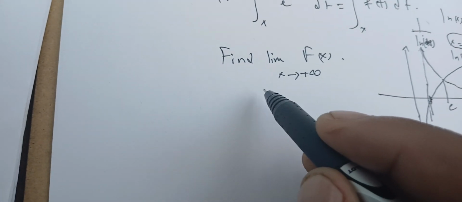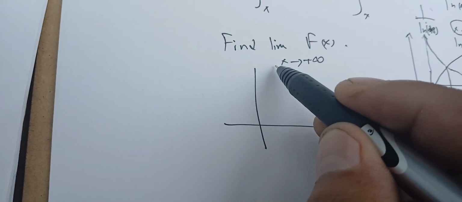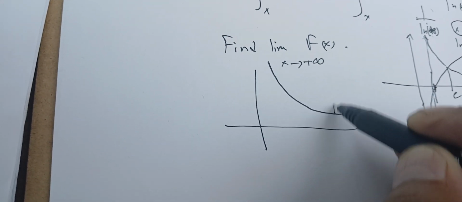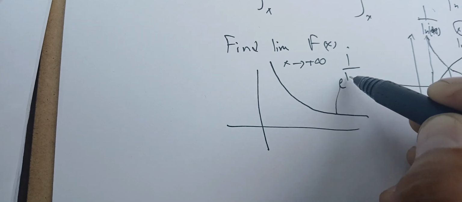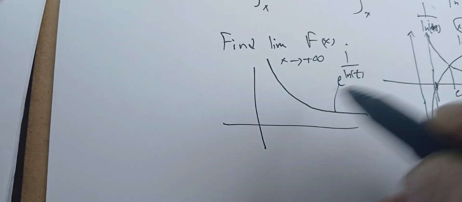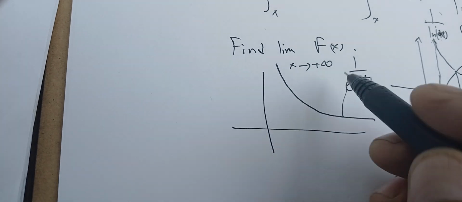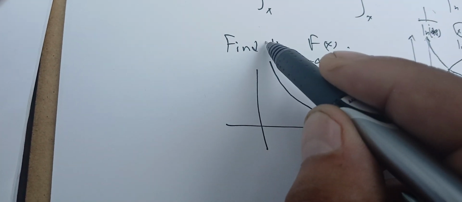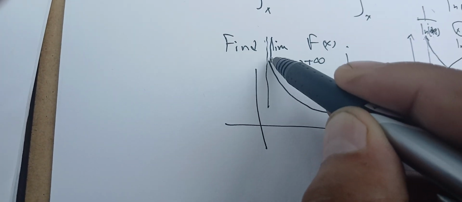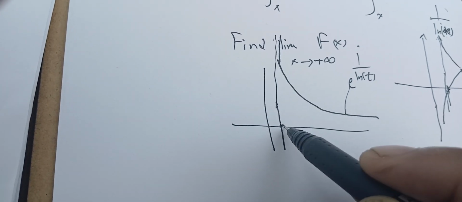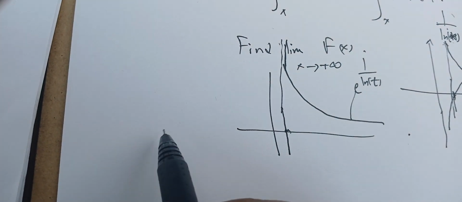In fact, this is what we're gonna have. Okay, so this is e to 1 over ln of t. Now we see that this is 1. We start at 1 and go to infinity, and we are interested only in this interval.